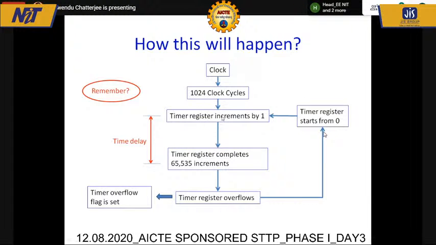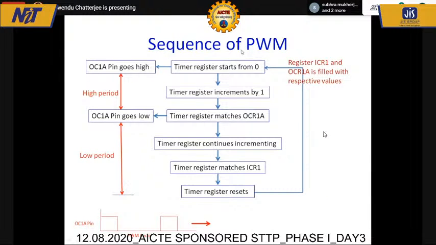So every 8 cycles the timer will increment by 1. It will be faster. Now let us see: every 8 cycles the timer increments, and the OC1A pin from the timer register initially goes high. So this is where the high period starts. Now it increments by 1.